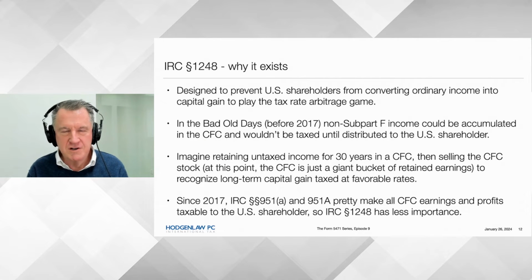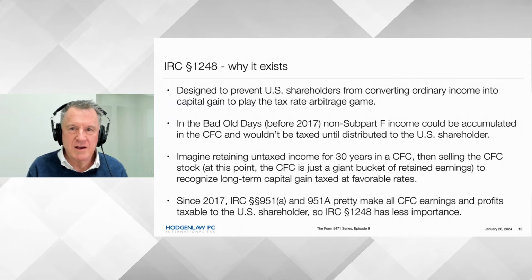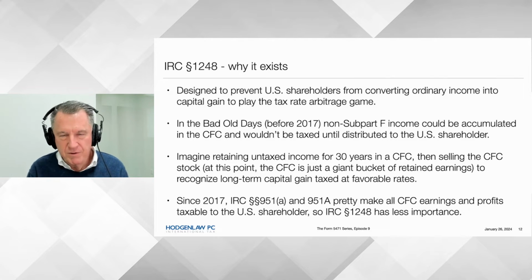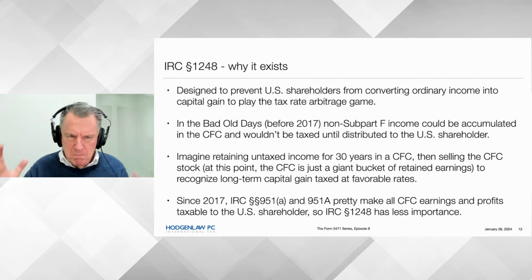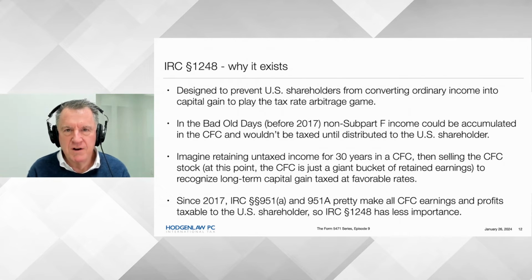And in theory, Section 965 would have washed out all of the historical untaxed earnings and profits in 2017. There will still be a little bit just because global intangible low taxed income calculation rules are gratuitously complex. And so it is possible for there to be a little bit of untaxed earnings and profits retained in the CFC, but that'll get flushed out by Section 1248. But big quantities of untaxed earnings and profits, not so much possible anymore.